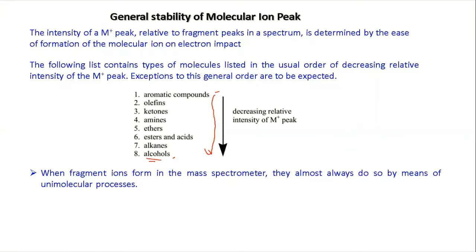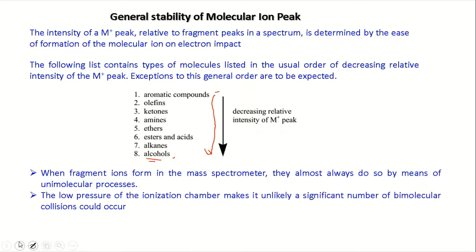A single molecule is undergoing the fragmentation. It's not like two or three molecules colliding and undergoing fragmentation. It's a unimolecular process, so one molecule will undergo the fragmentation, and you will understand why in a minute.